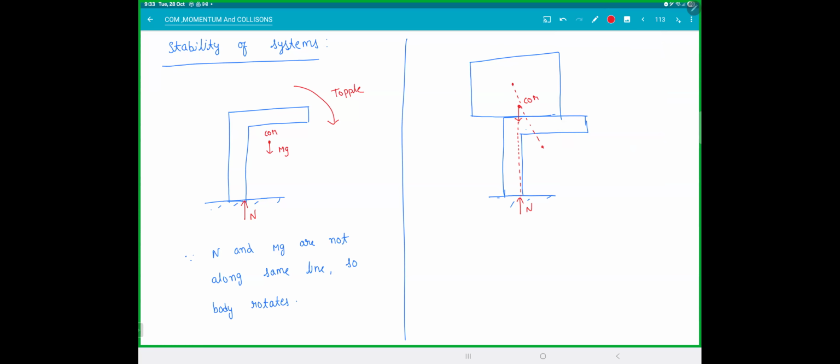So how can you keep a system in equilibrium? Yeah, it is the same thing, Shrihari. So there is the statement: as long as the mg vector from the center of mass passes within the boundary of the area in contact.